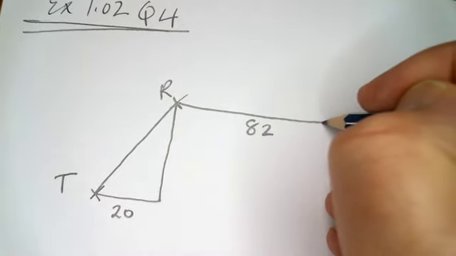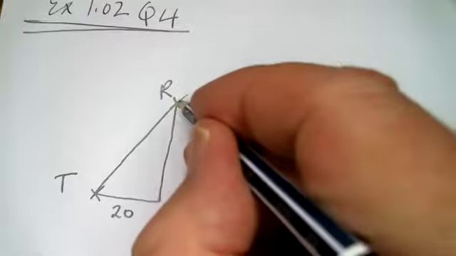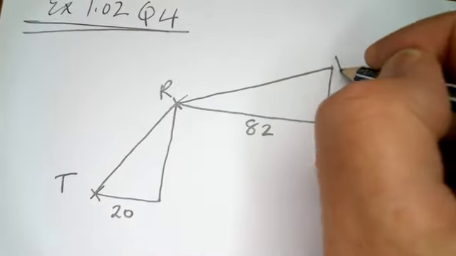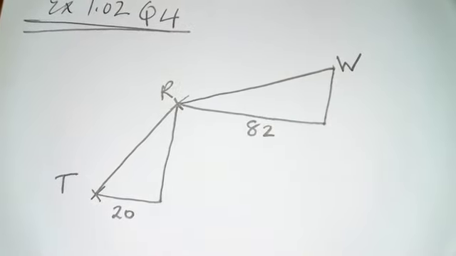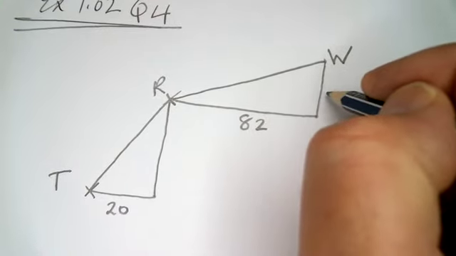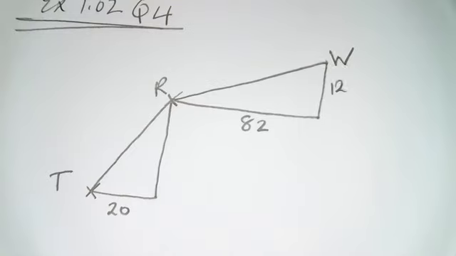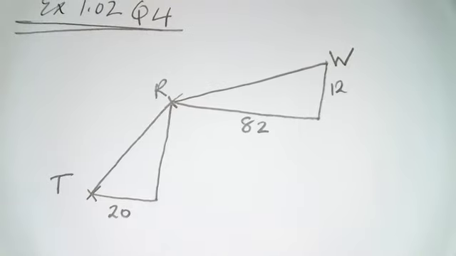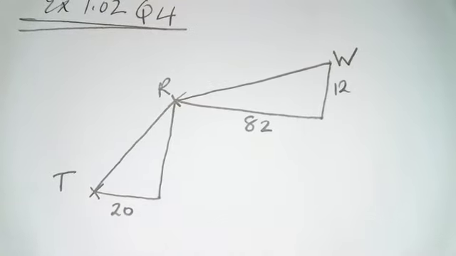So here is Whakatane up here. Use W for Whakatane. We're also told it's 12 kilometers north of Rotorua. By the way, the question's asking how far is it from Taupo to Whakatane?